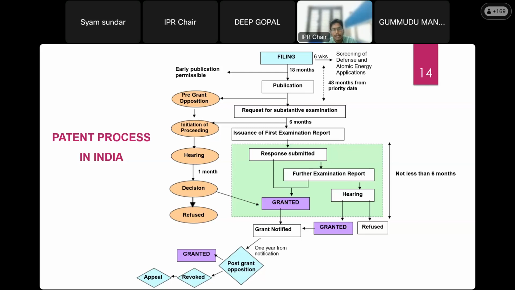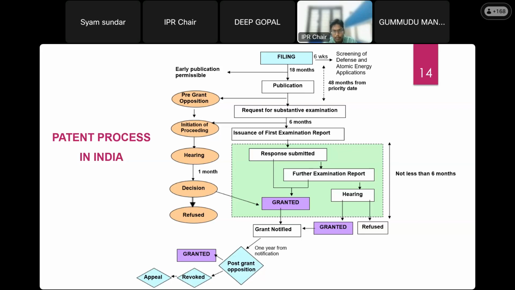Just to make sure that it is not an invention related to atomic energy. And after you file the provisional application, within 12 months you have to file a complete specification, and publication happens 18 months from the date of priority. Here the priority is the provisional application, because first you file a provisional and then the complete specification. So within 18 months from the date of priority, your application will automatically be published.